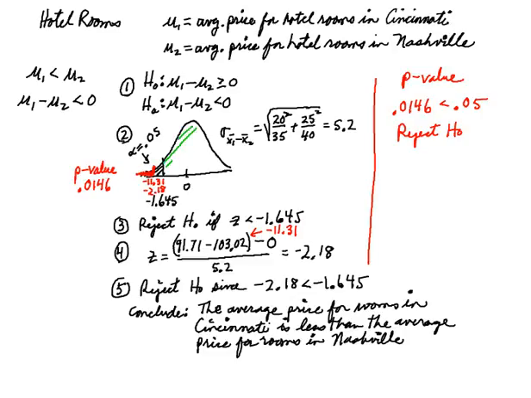So I'm going to go ahead and shade that in green. So 95% of the difference in those sample averages would fall in that interval on our sampling distribution.